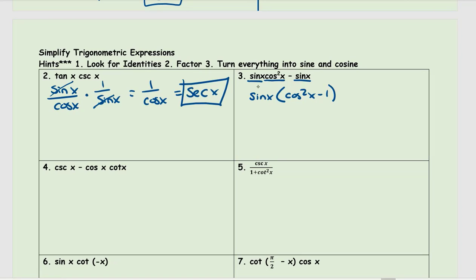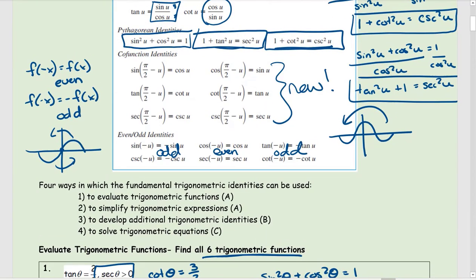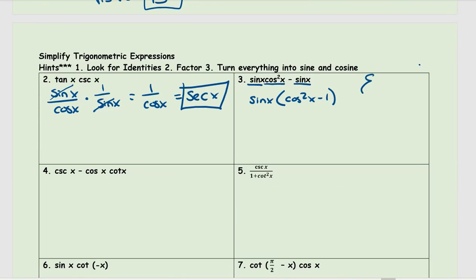Okay? And once you see cosine squared x minus 1, I hope you think there's a 1 and there's something squared there. I want to look at the Pythagorean identities here. So if you look, you have sine squared plus cosine squared is equal to 1. Okay? So I'm going to put this in a little bubble over here. We know that sine squared x plus cosine squared x is equal to 1.